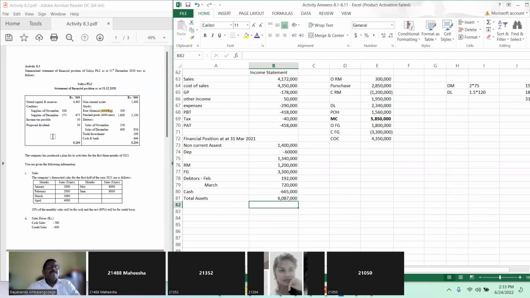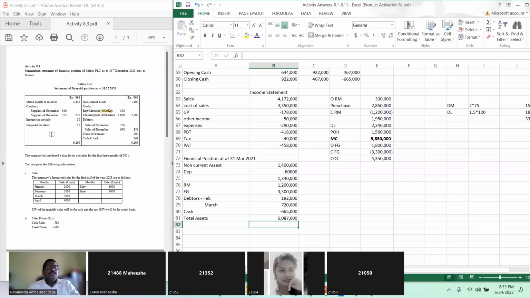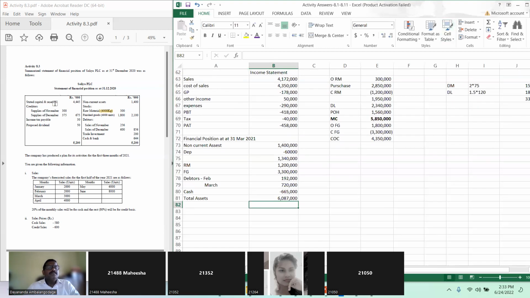Right. You have the stated capital. Then you have debtors, creditors, of course.